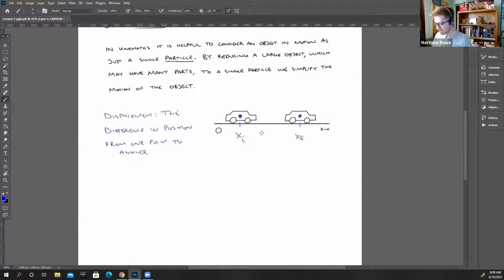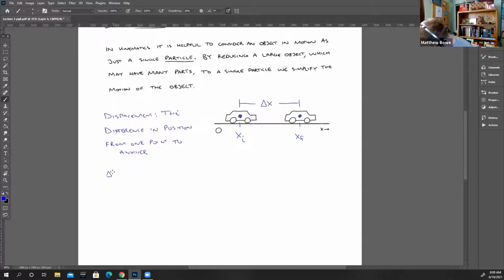So this sort of change in position, we could also label as its own sort of range or distance. We will be calling it delta x. That's just this Greek symbol out front, just a triangle. That just means change in position.